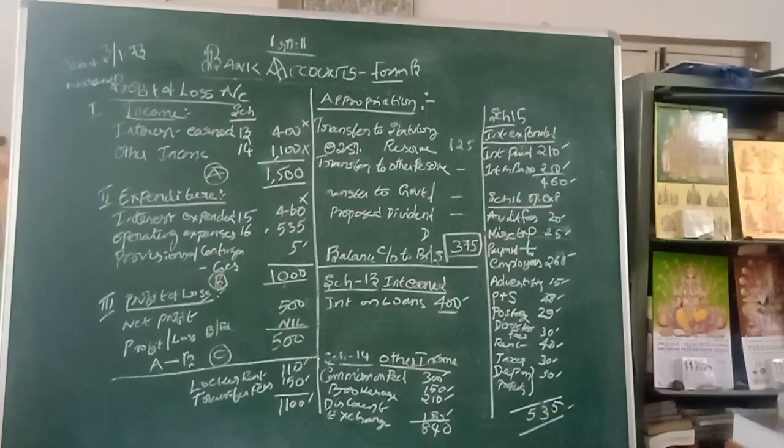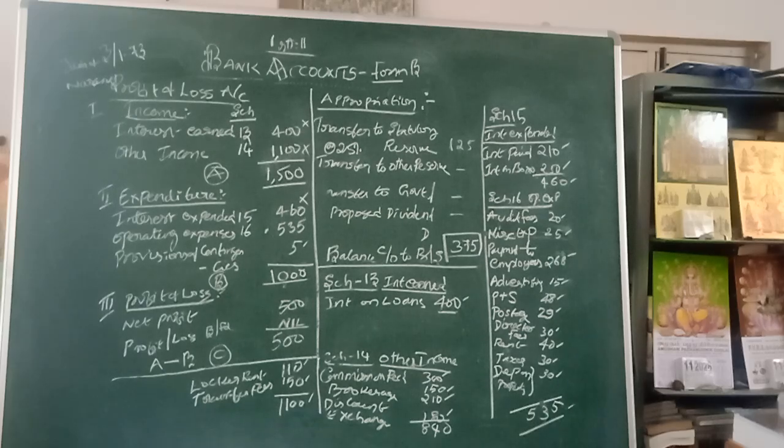So if I am taking a DD of 100 rupees, with some amount, 7 rupees 50 paise or 10 rupees, as exchange commission, then I have to pay 107 or 110. 100 rupees is the DD value, 10 rupees is the commission charge for the bank. Commission in the sense, for preparing the DD we have to bear some expense, that is the income for the bank. Okay, so that exchange amount of 180 rupees is income, other income.